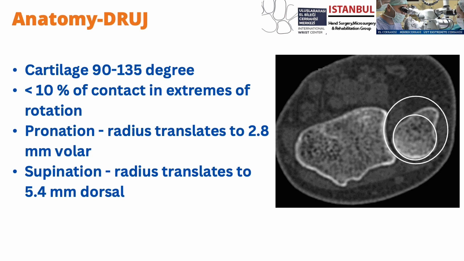In pronation, the distal radius translates 2.8 mm volar, which makes the ulnar head more prominent dorsally. In contrast, during supination, the radius translates 5.4 mm dorsally.